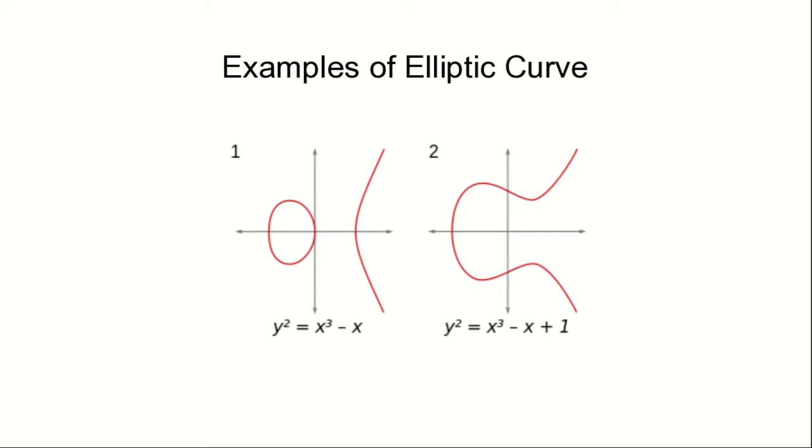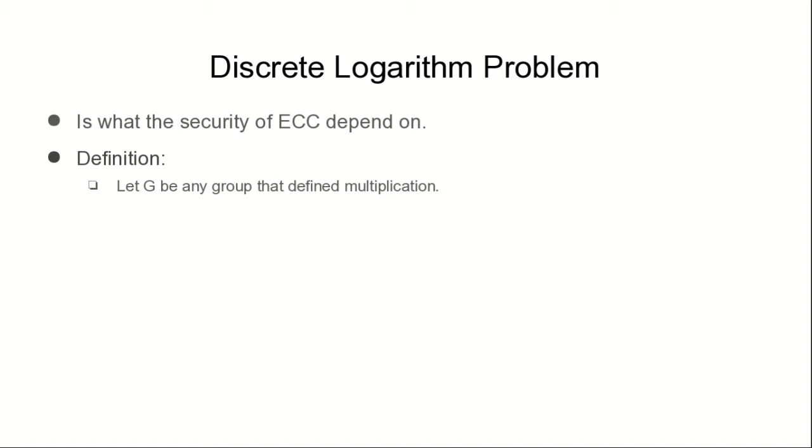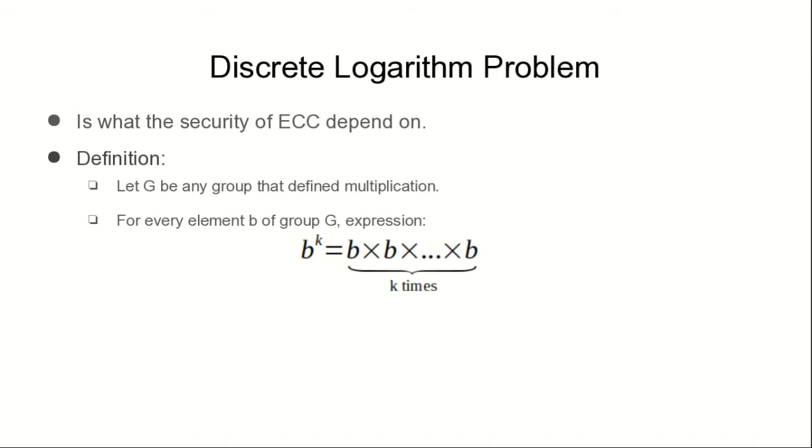The security of ECC depends on the discrete logarithm problem. But what is the discrete logarithm problem? Let G be any group that defines multiplication. For every element B of group G, the expression B to the power k equals B times B times B, and so on, k times.